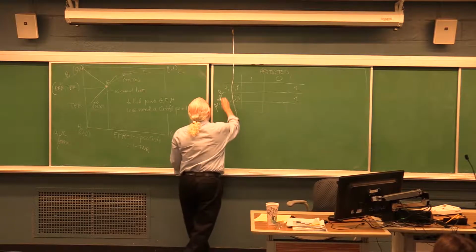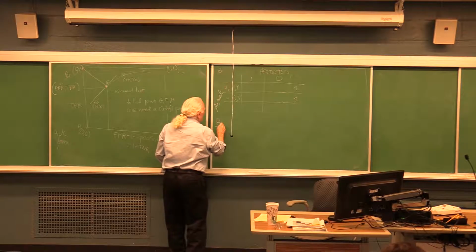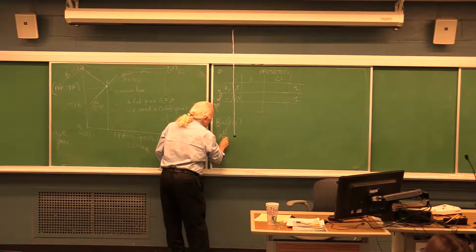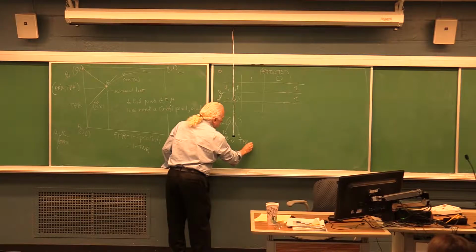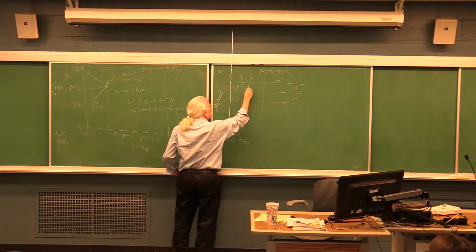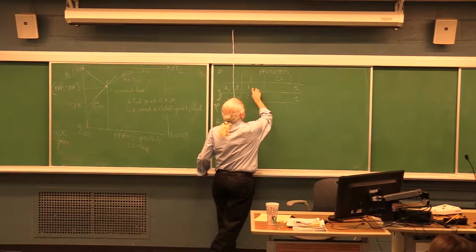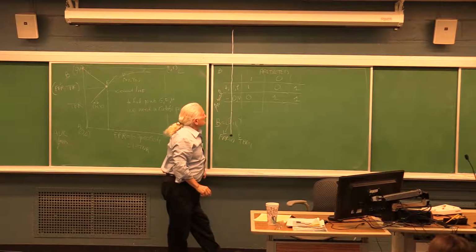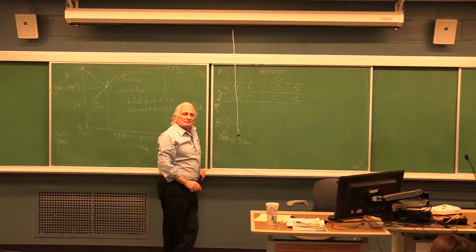So point B is the point 0, 1. That means FPR is 0 and TPR is 1. What is the meaning of point B?